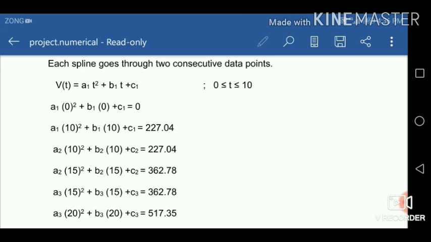This gives a1 times 0 squared plus b1 times 0 plus c1 equals 0, and a1 times 10 squared plus b1 times 10 plus c1 equals 227.04.